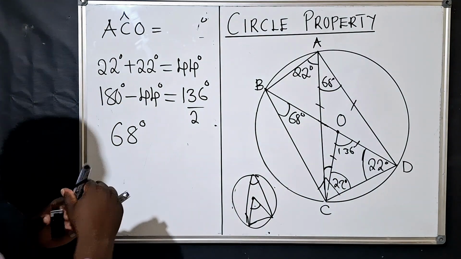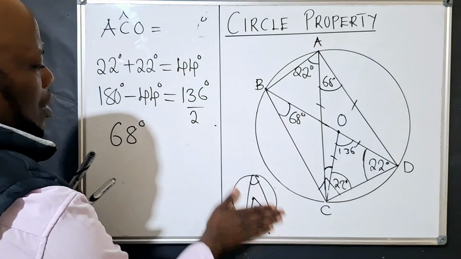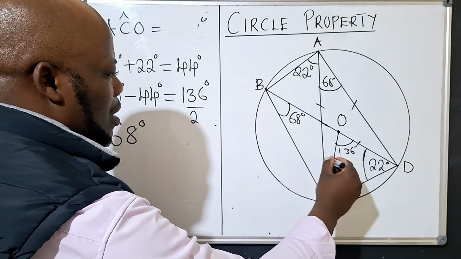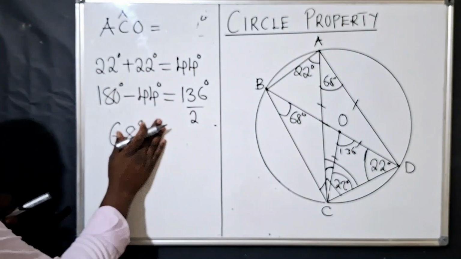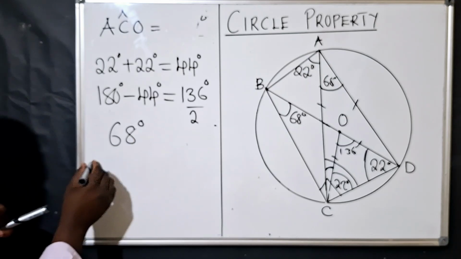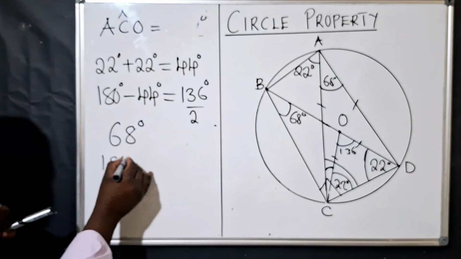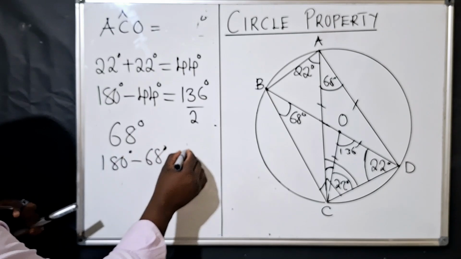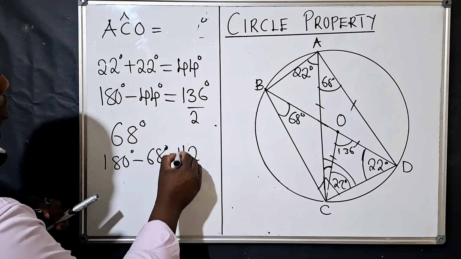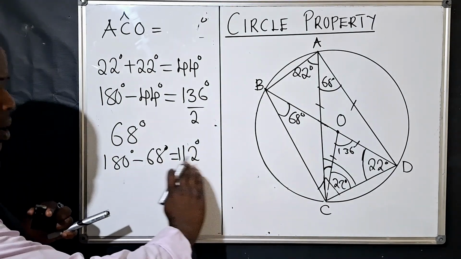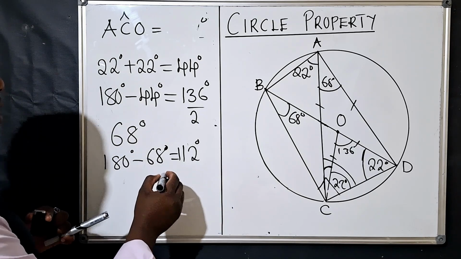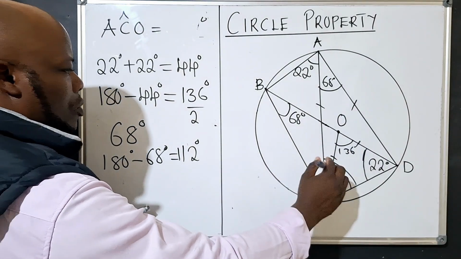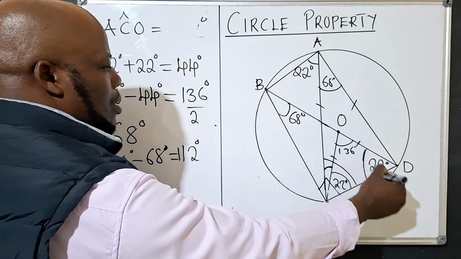Okay? So once we get this 68 degrees, we are now going to find the angle here. Look at this. To find that angle, we're going to say 180 minus 68 degrees, which will give us 112. Okay, so when we get this 112 degrees, it's actually the sum of this angle plus this angle.